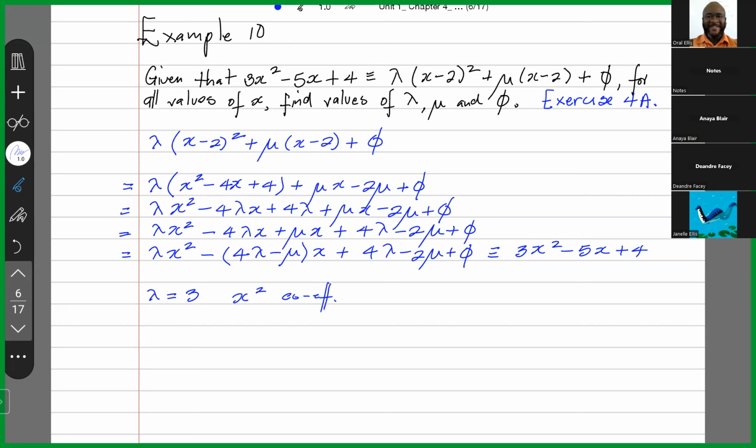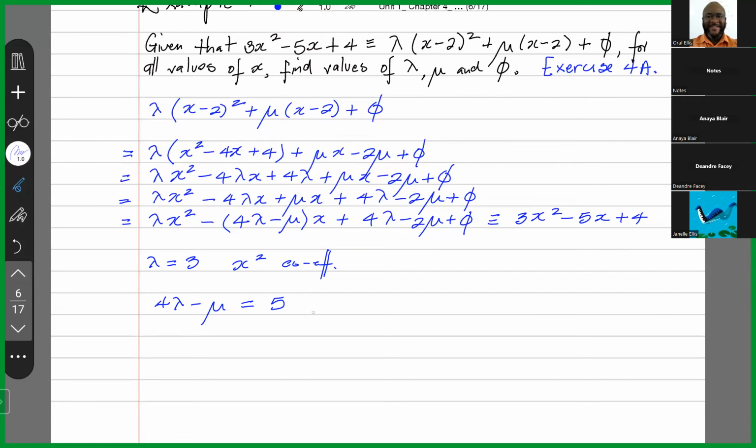All right, and 4 lambda minus mu, which is the x coefficient on the left, is equal to 5, which is the x coefficient on the right. I didn't bother putting the negatives on both sides; it's not necessary. So 4 lambda minus mu is equal to 5. We already know what lambda is.